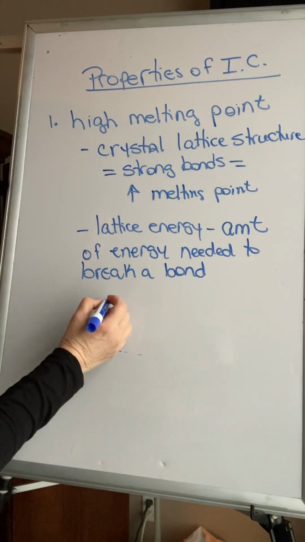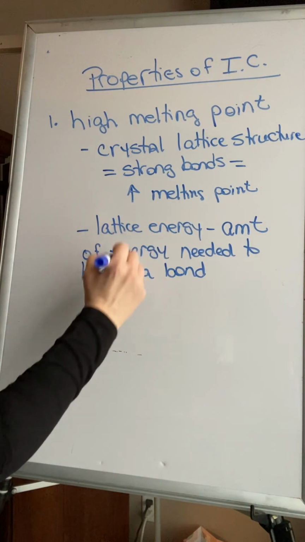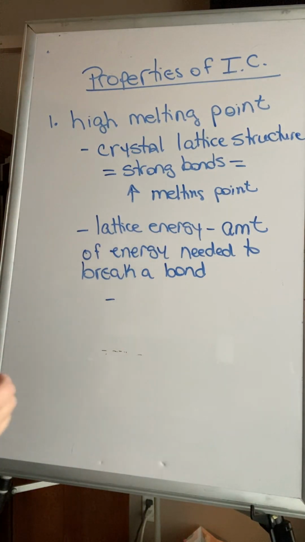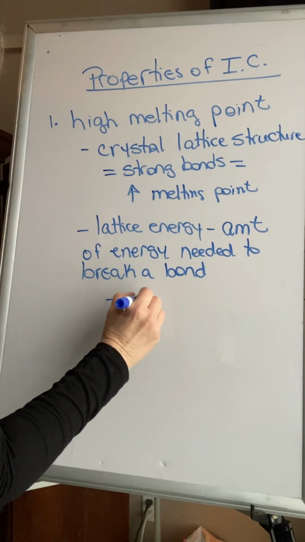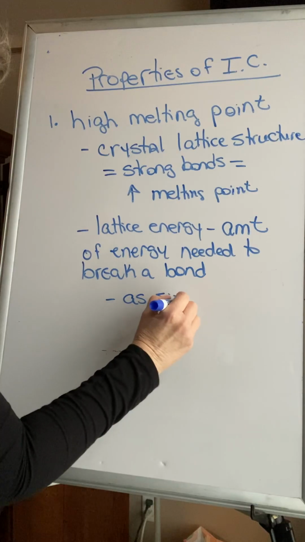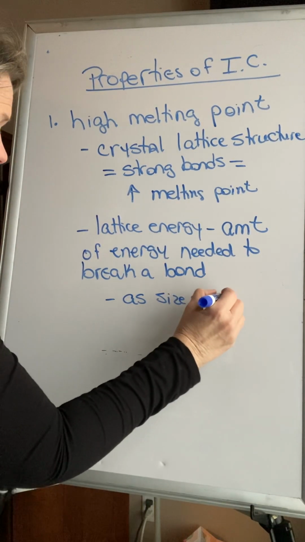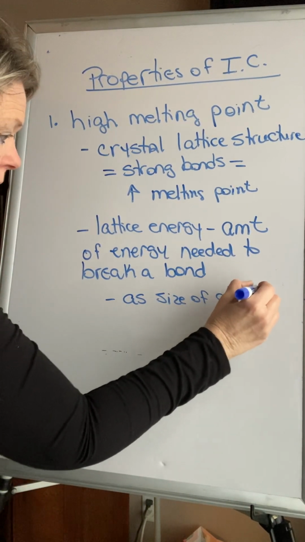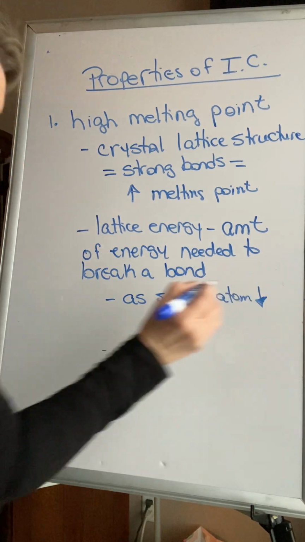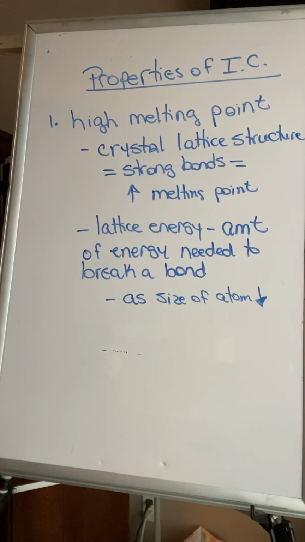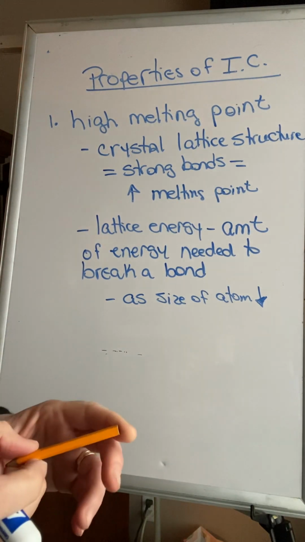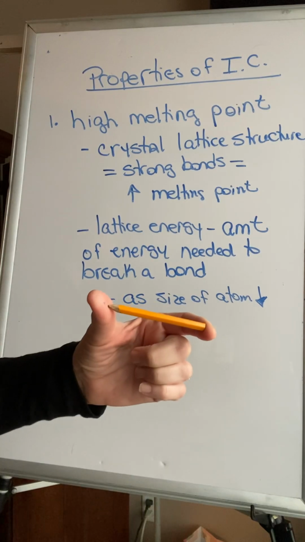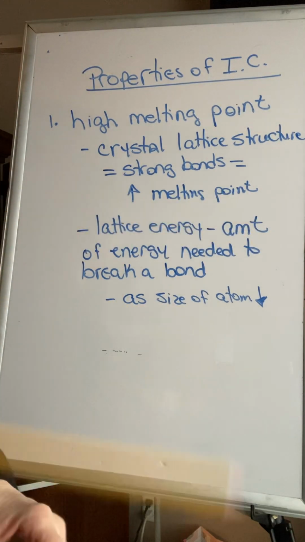Okay, and here's what we said. So this goes with the energy. As size decreases, so let's say as size of atom decreases, the lattice energy increases. In other words, it takes more energy to break this bond than it does this bond.